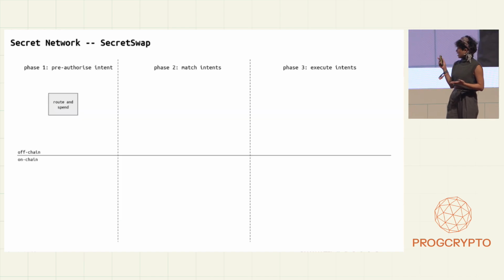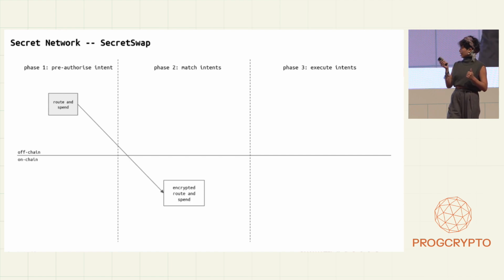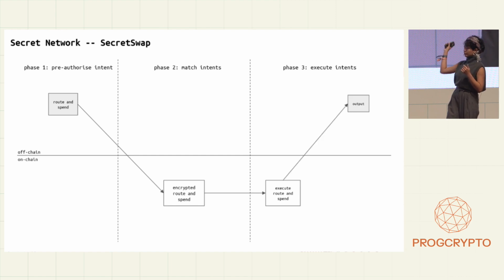Now in an AMM, the prices are public, and so the user can publicly determine the optimal route for their trade. They encrypt their trade and route to the Secret Network consensus seed, and inside the TEE, this is decrypted and used to update the state. And the state is re-encrypted and output.